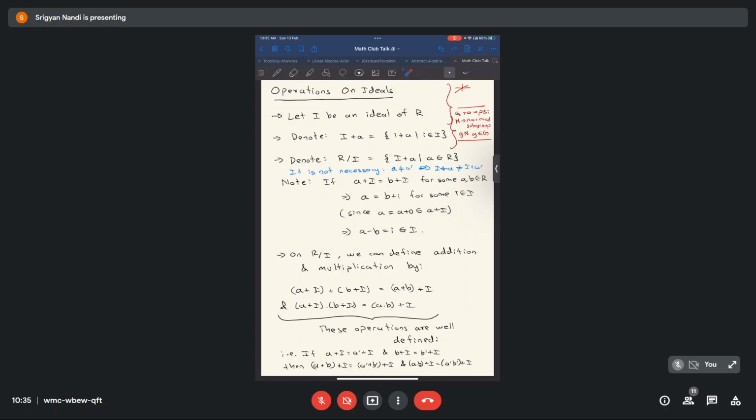So we can have cases where a plus I is equal to b plus I, and we can even establish a sufficient condition.